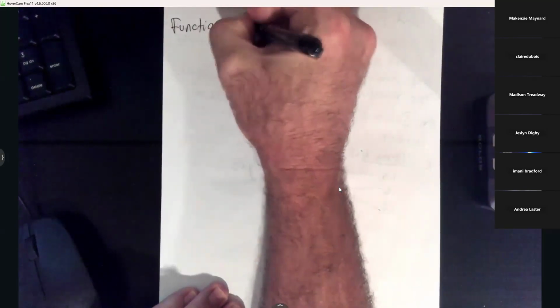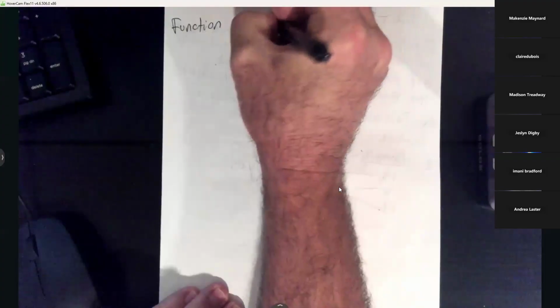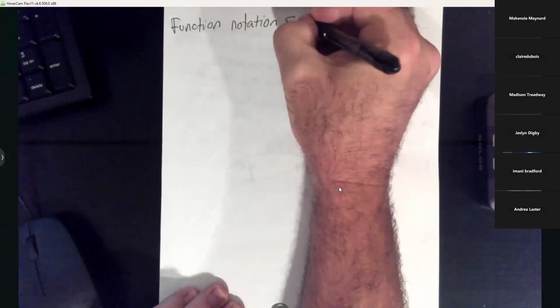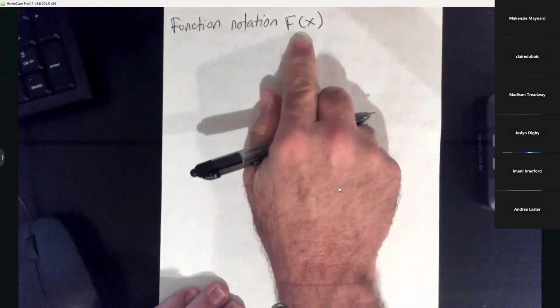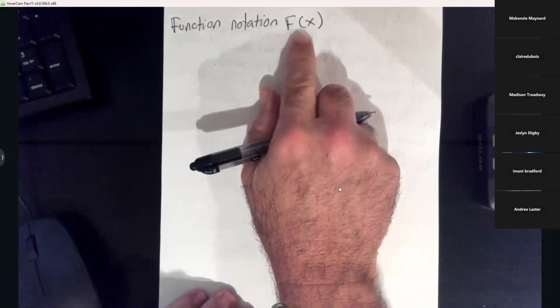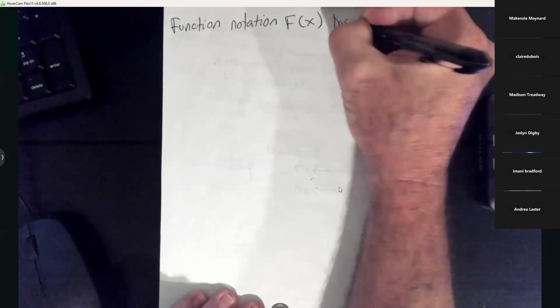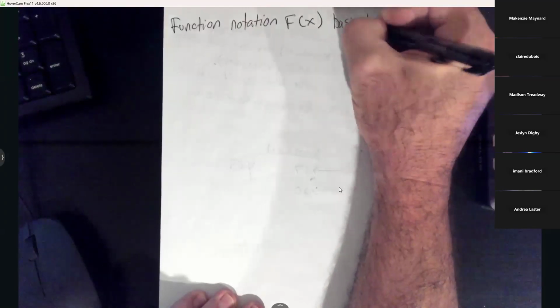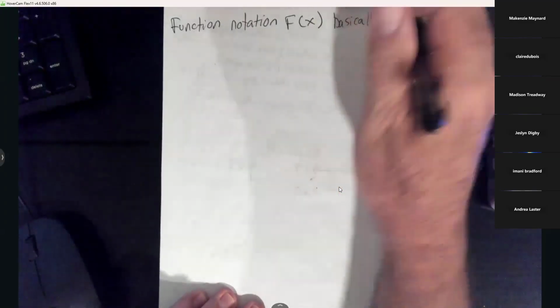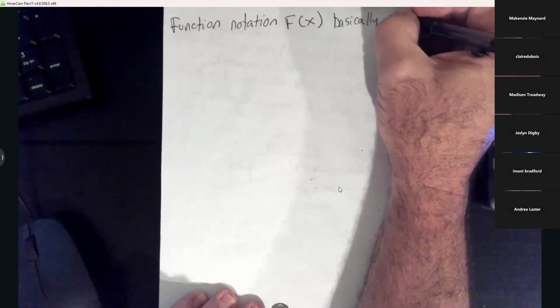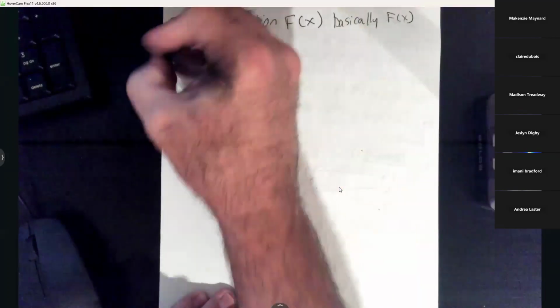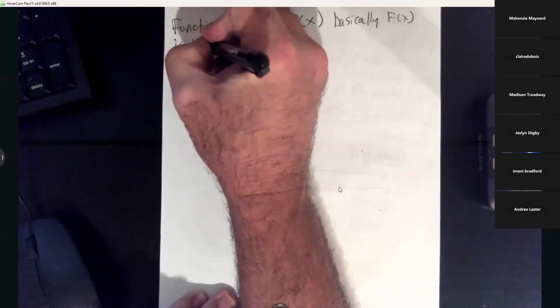All right, y'all. So next we get into what we call function notation. And by function notation, I'm talking about f of x. Now, basically, f of x is the y.